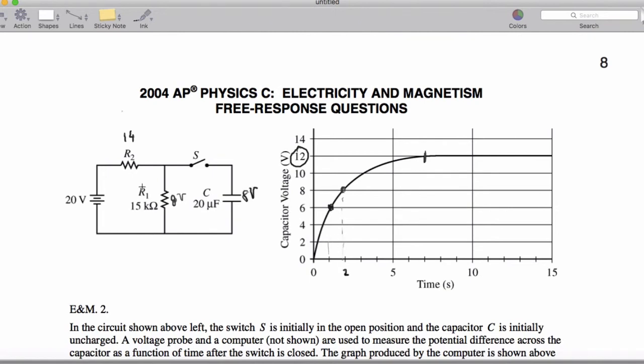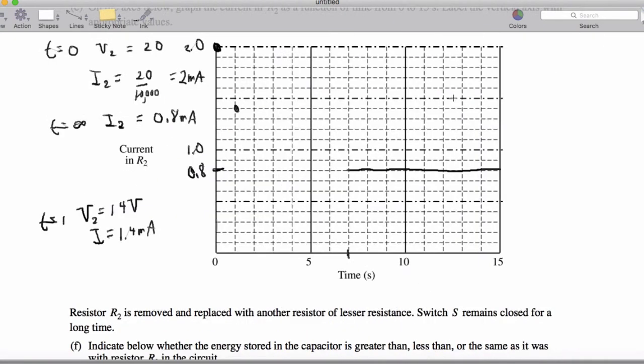That means we have 8 volts on R1. That means we have 12 volts on R2 by Kirchhoff's law because it has to add up to 20. So if we have 12 volts on R2, that means at 2 seconds, we're going to have 1.2 milliamps on it.